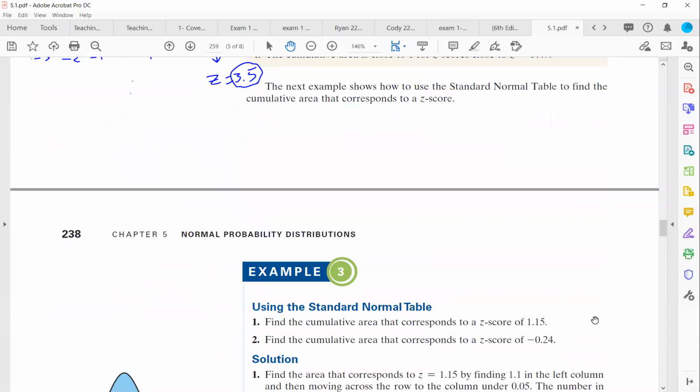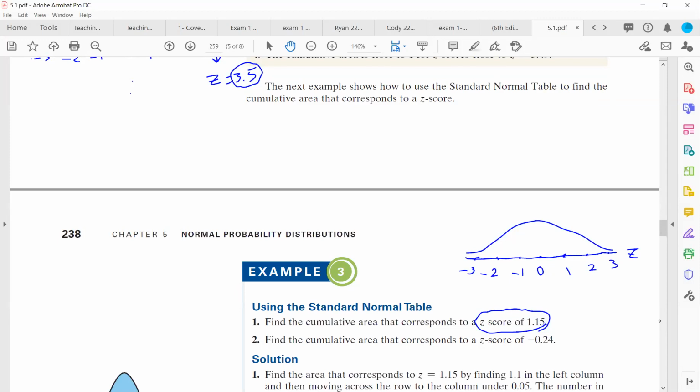Example. Find the cumulative area that corresponds to z equals 1.15. Okay, here I have my normal curve. I know that these numbers are fixed: 0, 1, 2, 3, and this is z, -1, -2, -3.